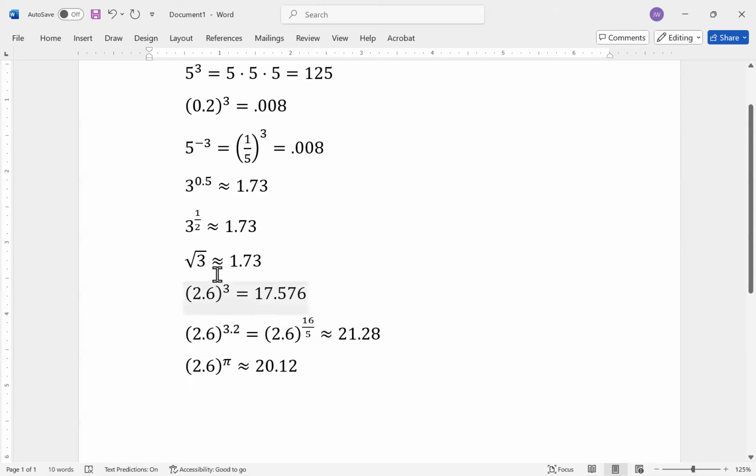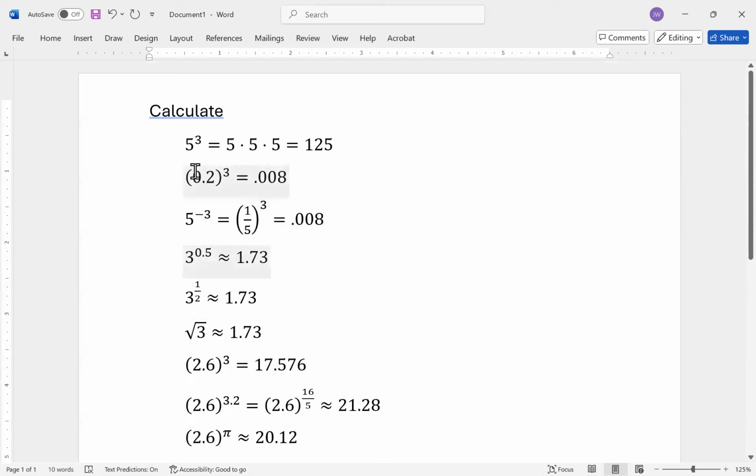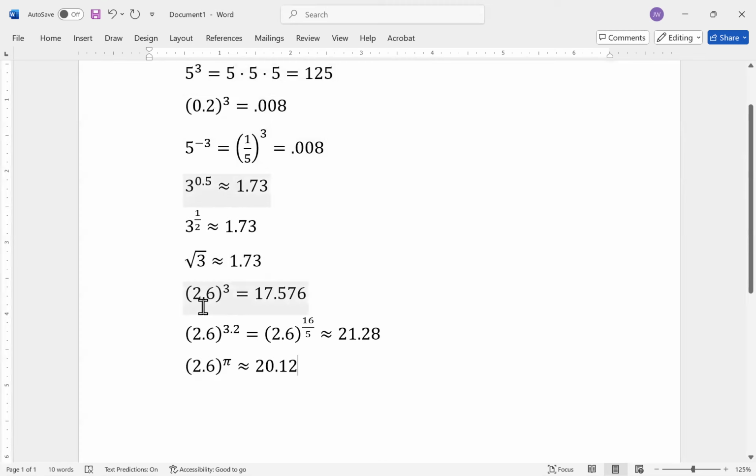So we can plug in any exponent that we want when my base is something like 5 or 3 or 2.6. And even if we don't know the exact value, even if the exact value is an irrational number, we can at least get approximate values.